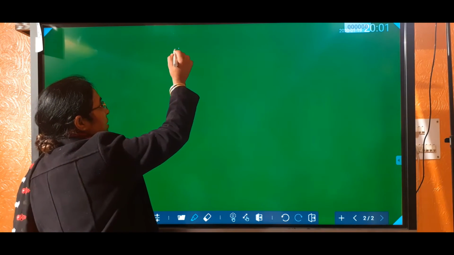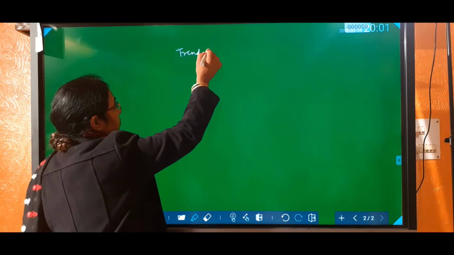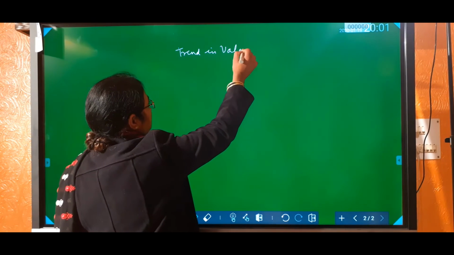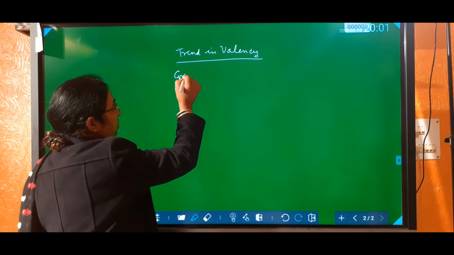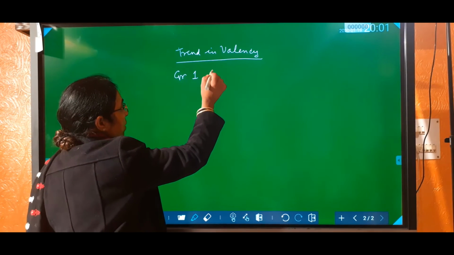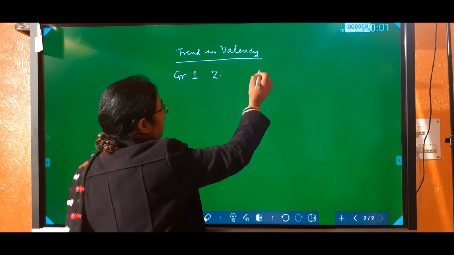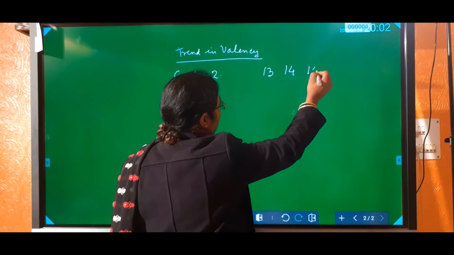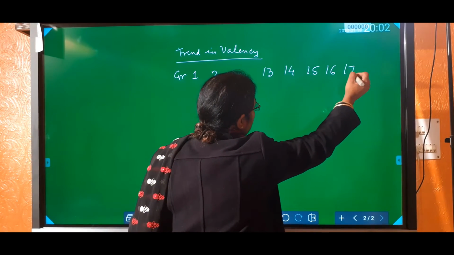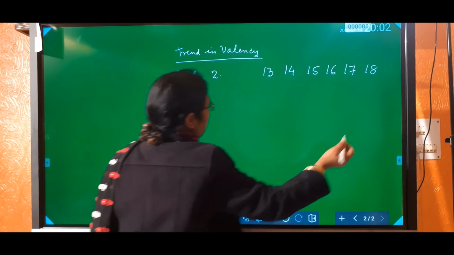Alright, now let us see the trend in valency, how it is moving. I begin with group 1, 2, and then after that I write group 13, 14, 15, 16, 17 and 18.